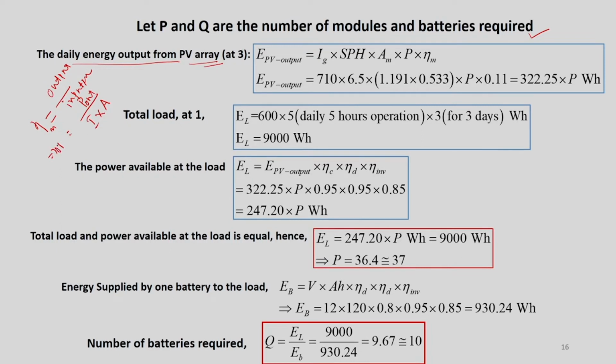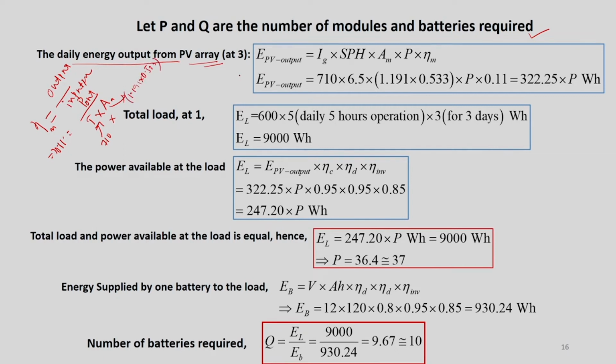So, we will write 0.11, and this is given as 710 and area. This area is nothing but the module area, given as 1.191 by 0.533.